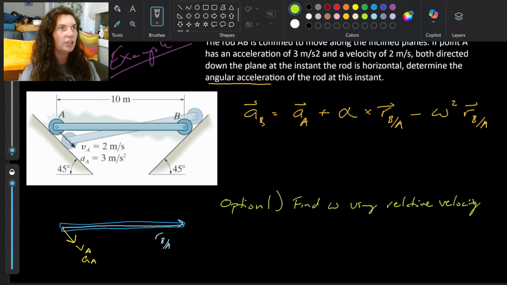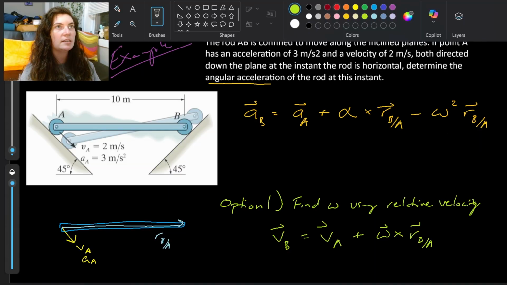So I'll go ahead and finish out this kinetic diagram that I started drawing over here, where we had VA and AA and then our R of B with respect to A, because when we do those relative velocities, we're going to use a very similar setup to this acceleration. Right, we've seen this before. VB equals VA plus omega cross R of B with respect to A.